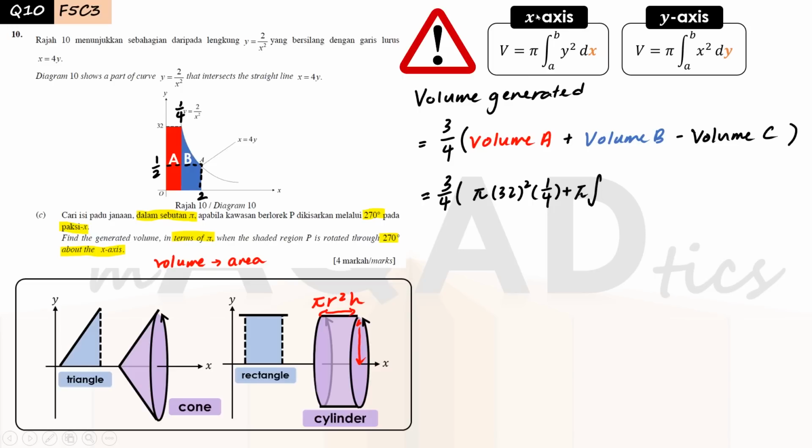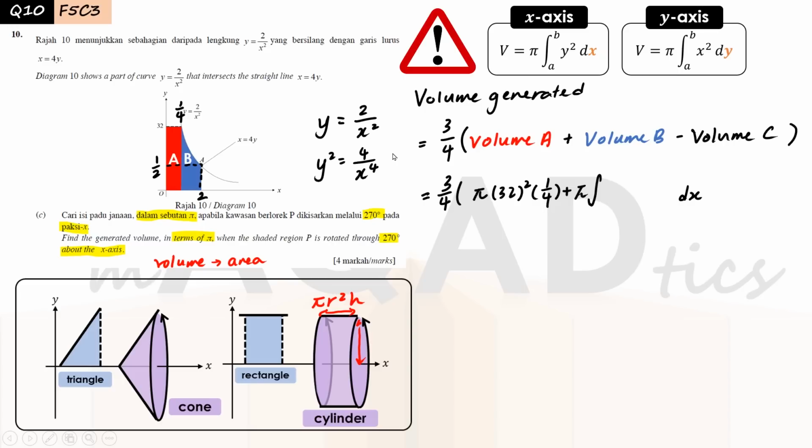Since we are using the x-axis, x is on the outside, y on the inside. But for the y here, it is y square. Our equation is just y, so what we need to do is to square both sides to get the expression of y square, which is this one.